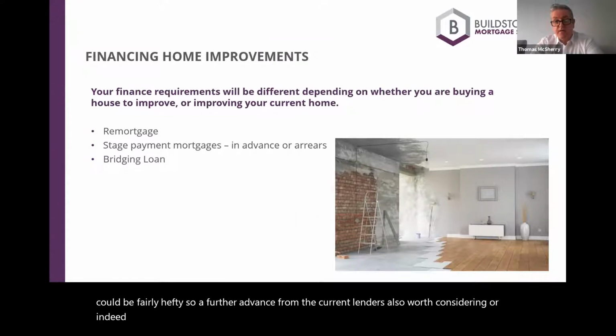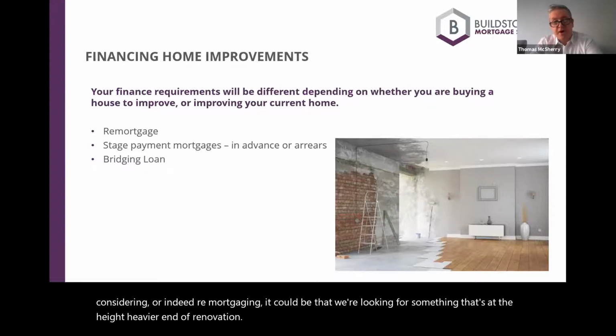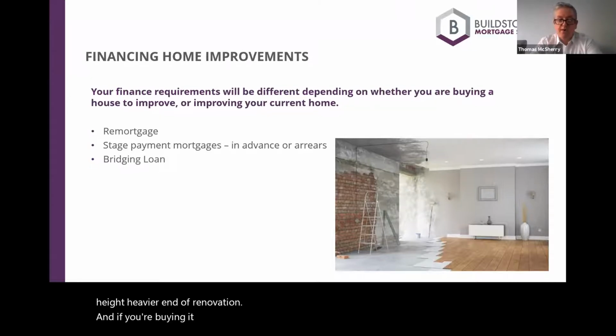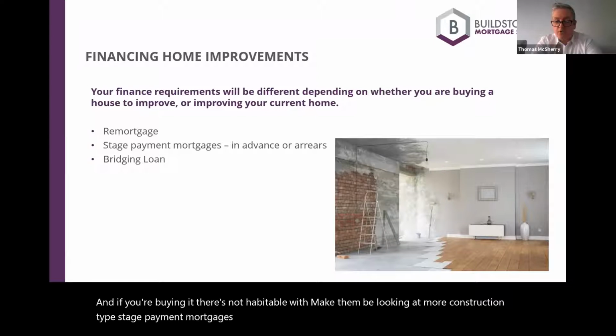It could be that if we're looking for something that's at the heavier end of renovation, and if you're buying it and it's not habitable, we may then be looking at more construction type stage payment mortgages. And we'll consider how those operate both in advance or in arrears.